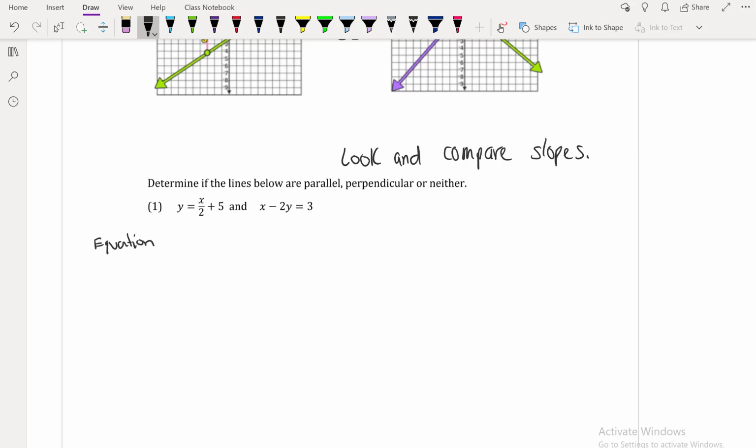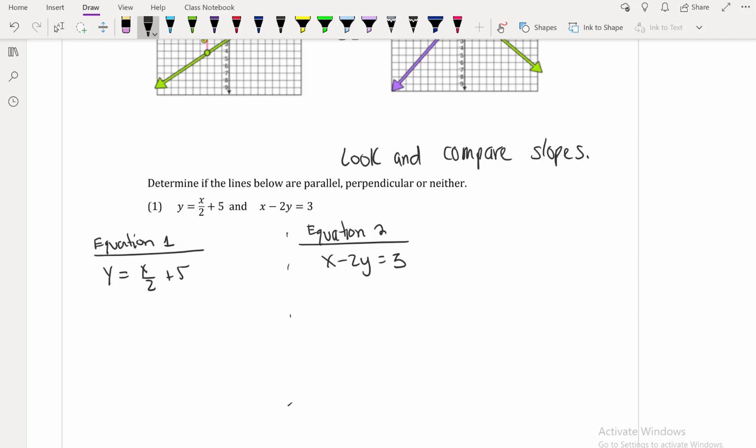For equation number 1, I'm looking at y is equal to x over 2 plus 5. And then don't forget to look at equation number 2, which is x minus 2y is equal to 3.